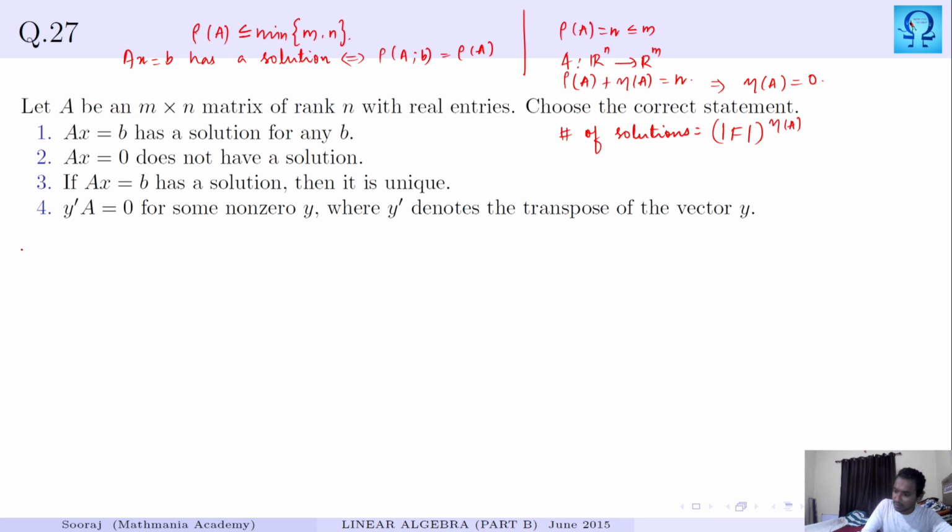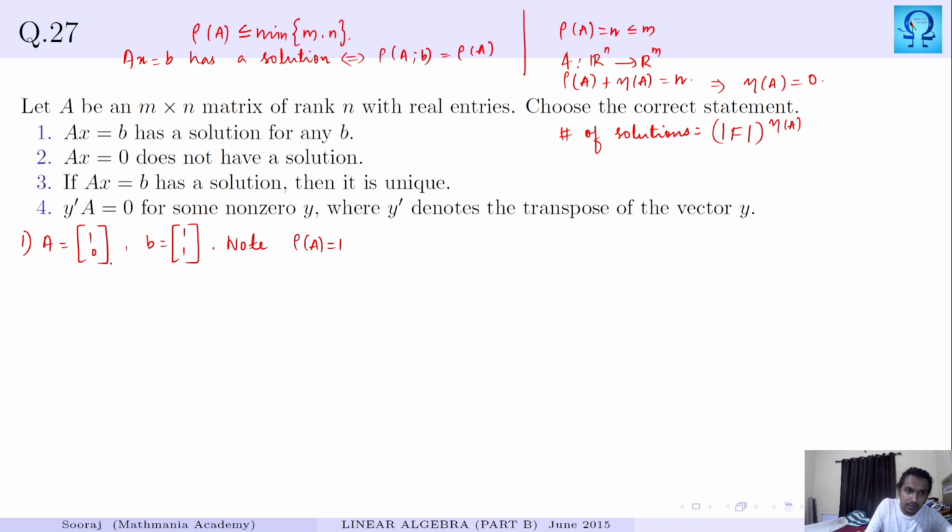Let us deal with the first option now. For the first option, A can be any matrix. Let me take A to be equal to (1, 0). Let me choose B to be equal to (1, 1). So here, note that rank of A is 1.